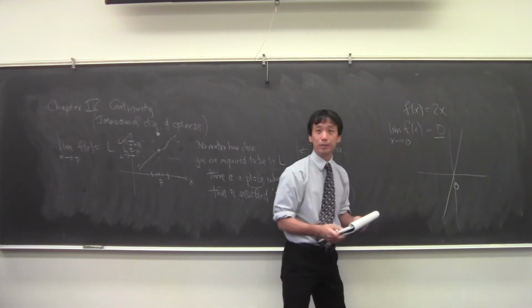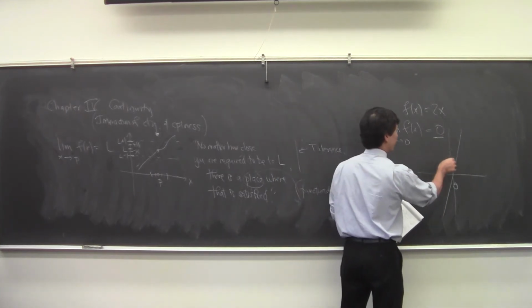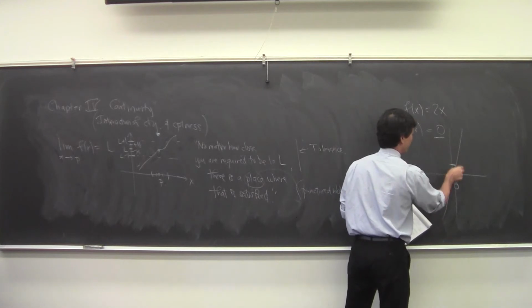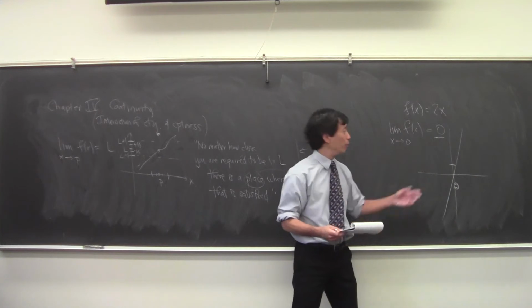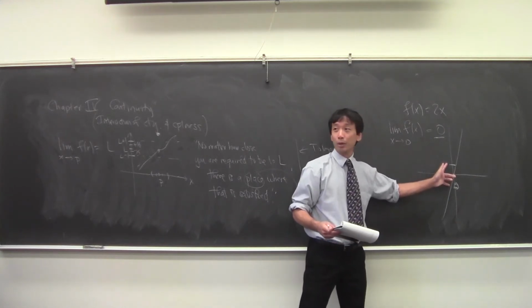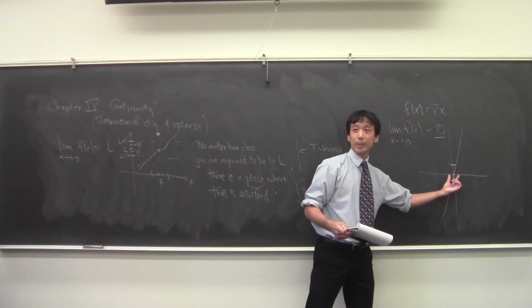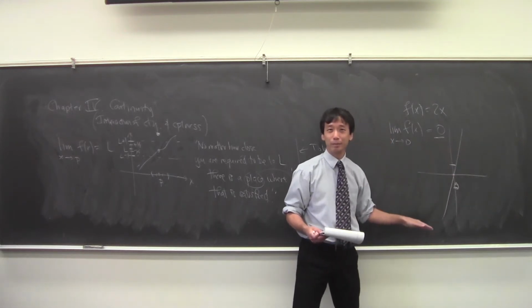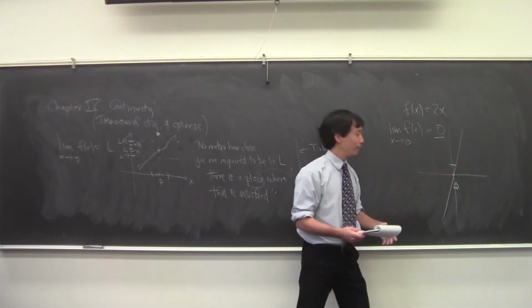Suppose I say I'd like you to stay within 1 and negative 1. What punctured neighborhood gives me outputs between 1 and negative 1? Negative 1/2, positive 1/2.